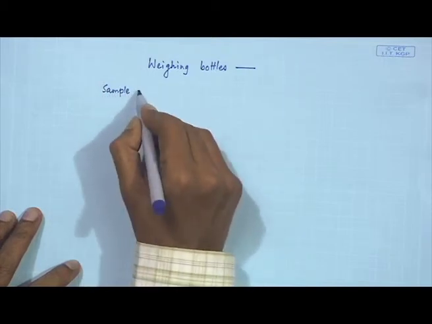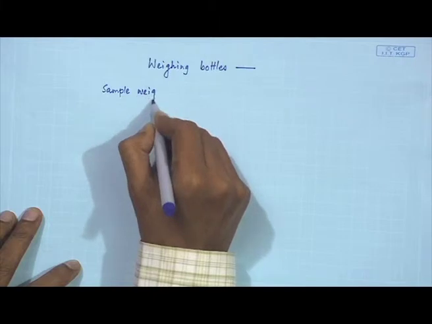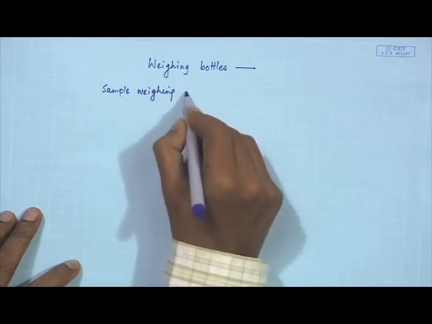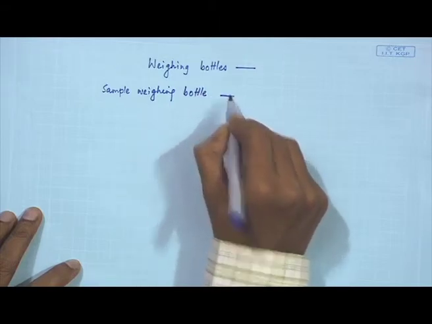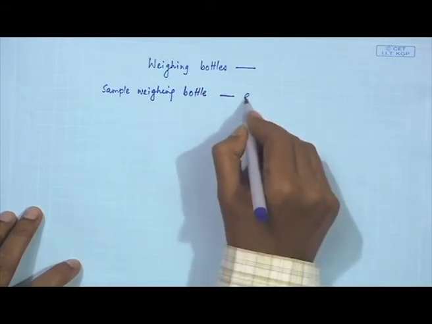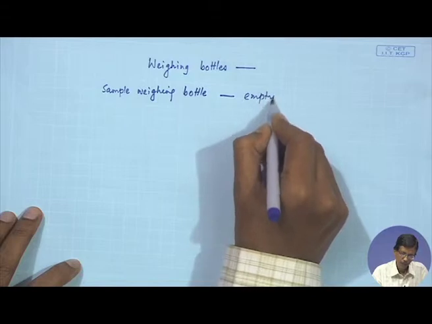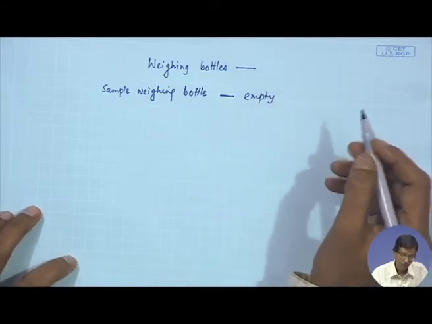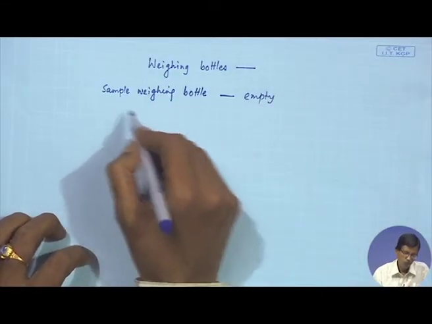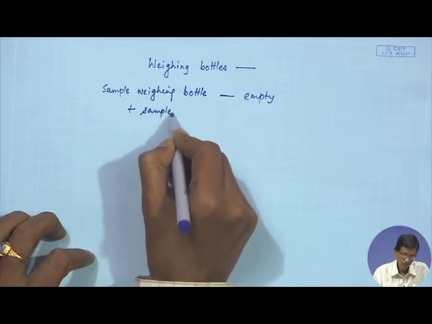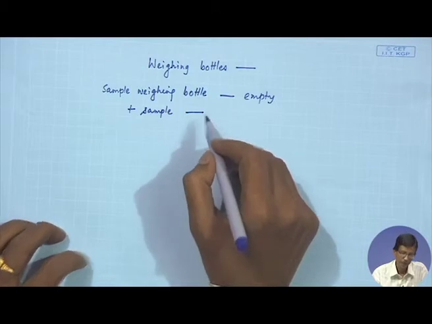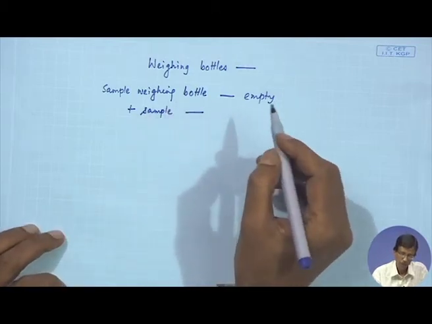sample weighing bottle, which can be empty. Okay. Then we put some amount of sample in it, therefore, we get sample plus weighing bottle.